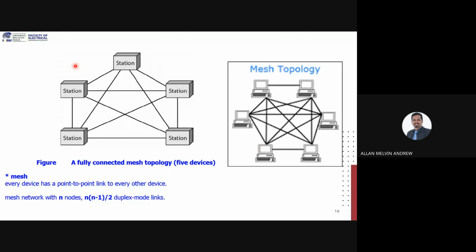So you can see station 1 is connected to this station, and to this station, and to this station, and to this station. Every device in a mesh has a point to point link to every other device.